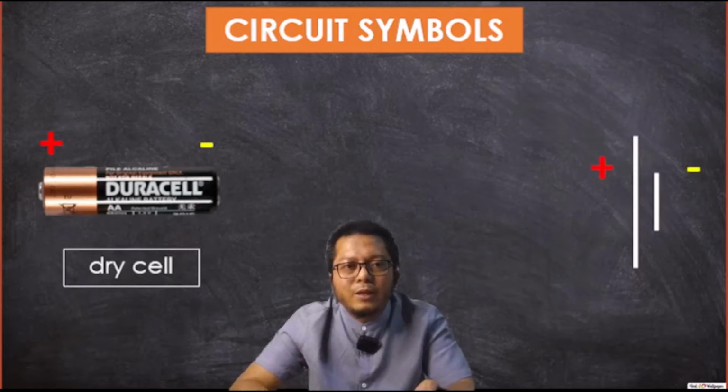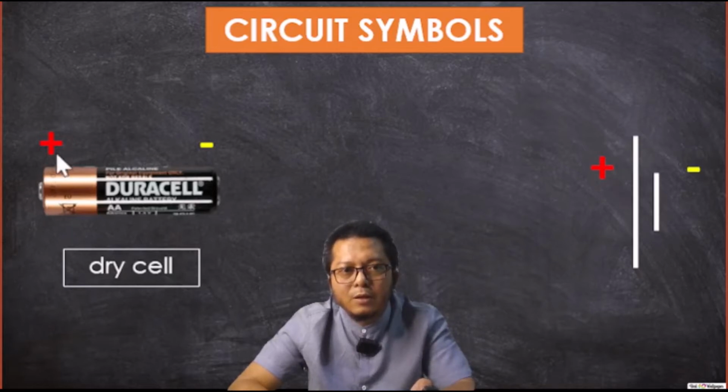If you can see here, this part is the positive part of an electrical circuit diagram. If you want to draw a dry cell, remember this one, the long one, is the positive part. I have marked here.